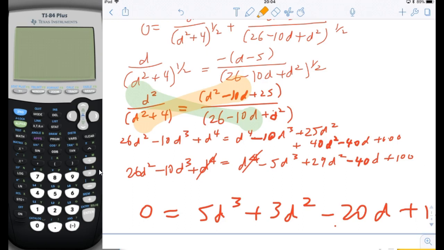The orange side is going to be d squared times d squared, which is d to the 4th, d squared times minus 10d, which is minus 10d cubed, d squared times 25, which is going to be 25d squared. 4 times d squared gives us 4d squared, not 40d squared.